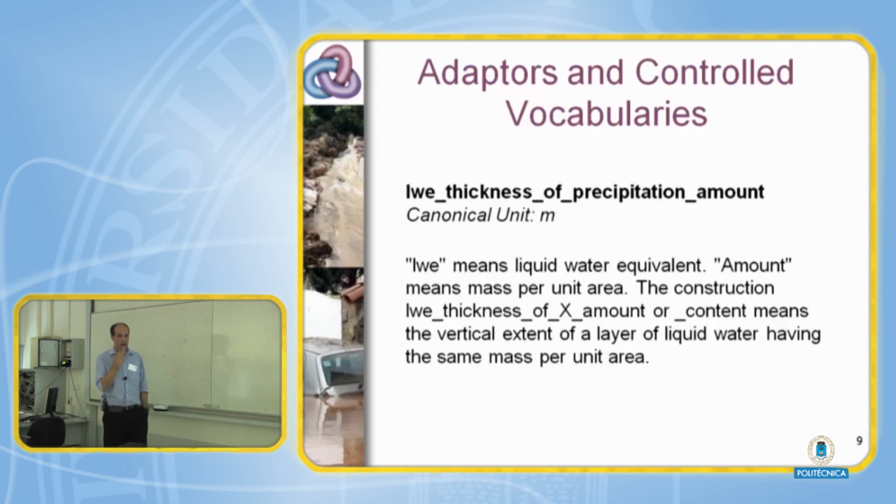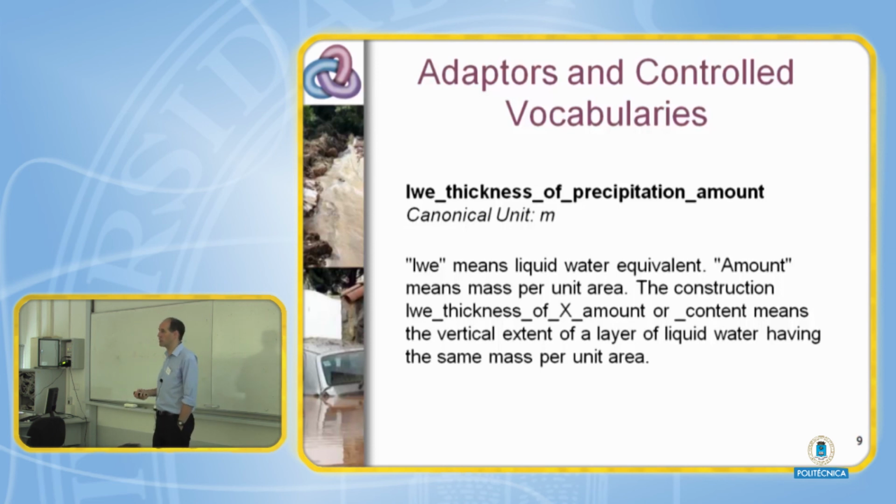Adapters and controlled vocabularies. We've talked, particularly in the meteorological context these last few days, about controlled vocabularies. And the meteorological world, as far as I can see, is ahead of the hydrological and the hydraulic world in establishing controlled vocabularies. This is one of the key parameters that we describe. This is the main parameter we're looking for in the P interface.